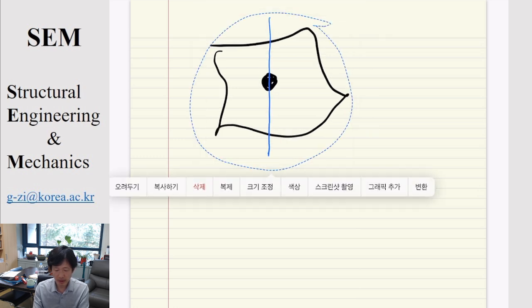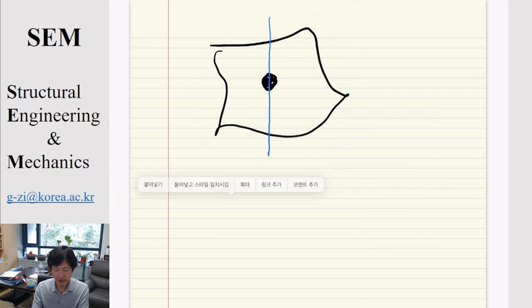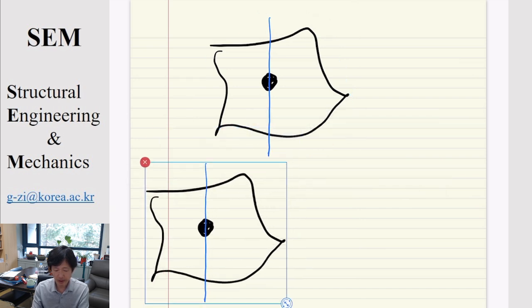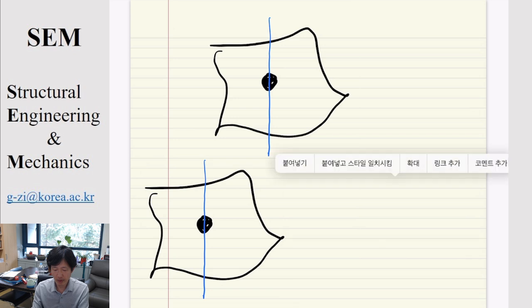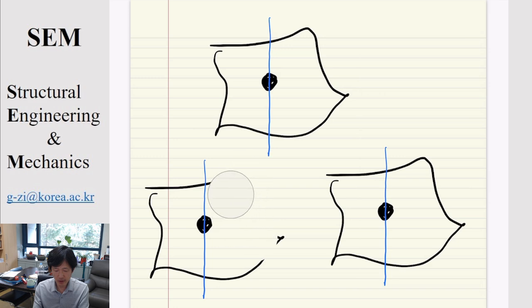Actually, we can look at the same situation from both sides, from the left hand side and also from the right hand side. Here we'd like to look at the same material point from the left hand side and from the right hand side.